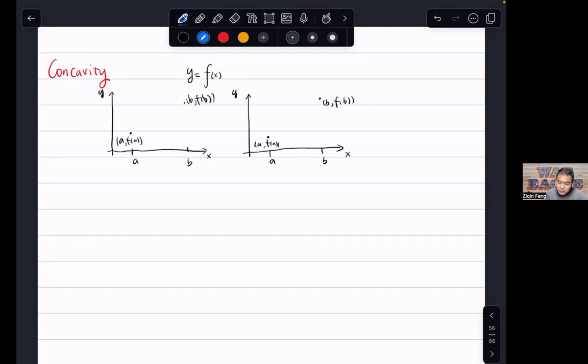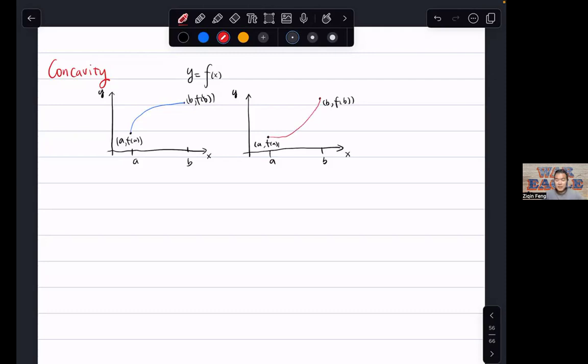One way to do that for sure is a function increasing very fast in the beginning, then slowing down. The other way is a function going slow first, then speeding up to catch up and go up to that point. These two are very different.